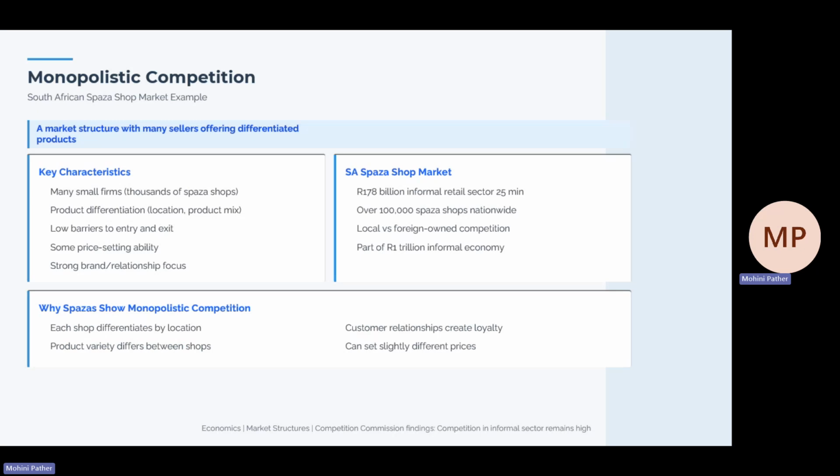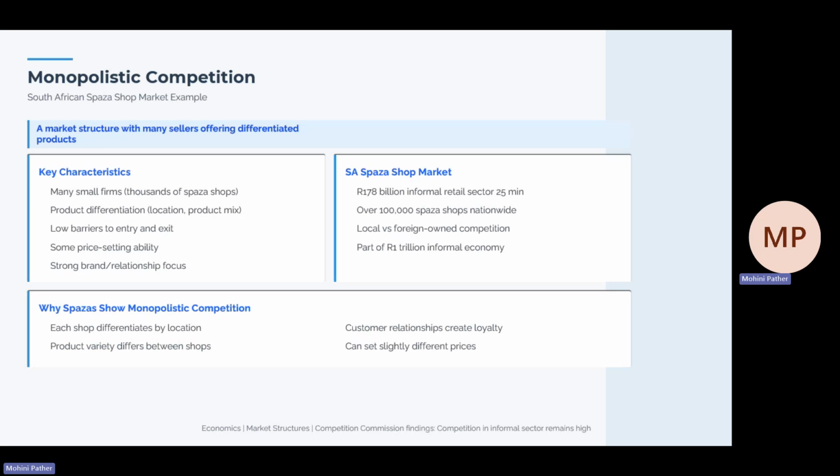The product mix that they offer is also similar but different. So there are low barriers to entry, very few legal requirements, if any, and they have some ability to price the products in their market because they have the advantage of location.